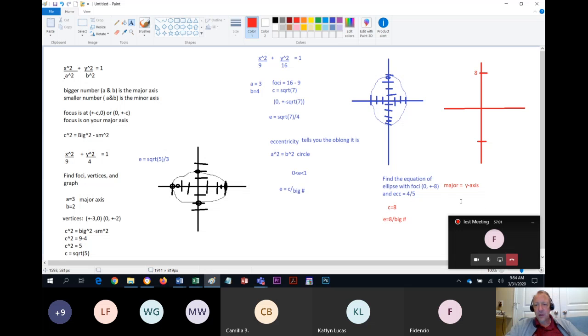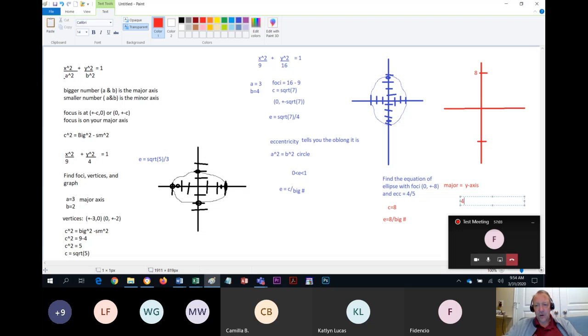So if I know that my eccentricity is 4/5, we can make that as similar fractions as 8 over what would be the denominator to make that a similar fraction? It would be 10, right? So in this case, we know that my big number is going to be 10.